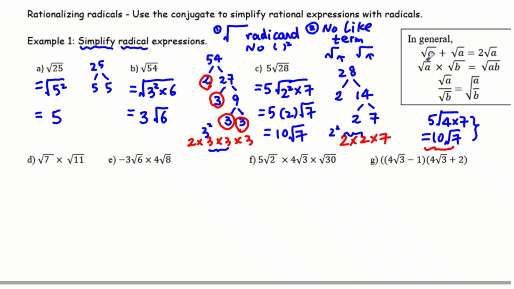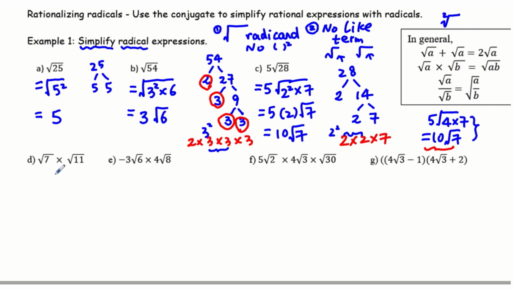The second rule is 2 radicals multiplied. The radical sign with no number means there is an index of 2 there, so it's the second root. Square root a times square root b, we keep the square root and multiply the radicands. If division, then just divide the radicands.